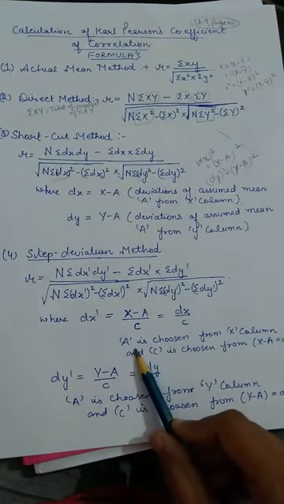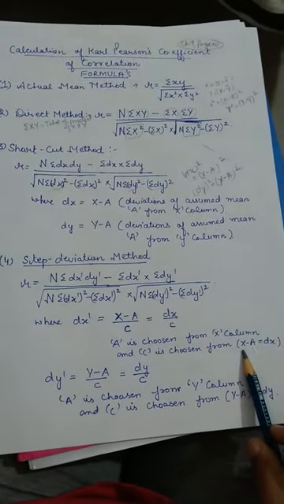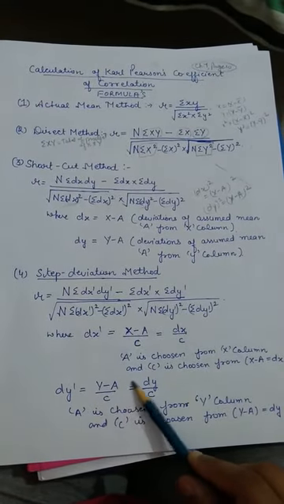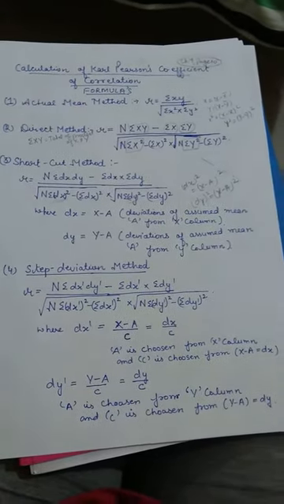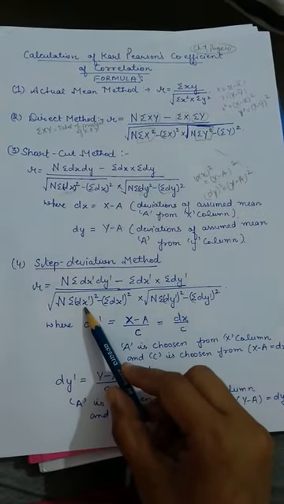You have to choose a value from the x column and c value from the x minus a column. Same is your case with your dy dash, that is y minus a upon c, and it is your dy upon c. Similarly you have to do this. You have to take care here again.